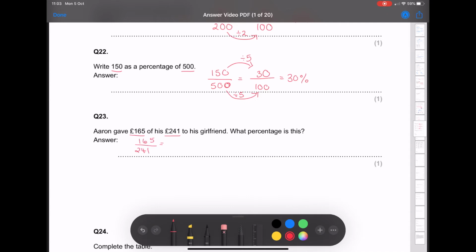Which becomes 165 divided by 241. Now that will give us a decimal of 0.6846. So don't forget, all you need to do is times it by 100 to give you the percentage, which would be 68.46%.